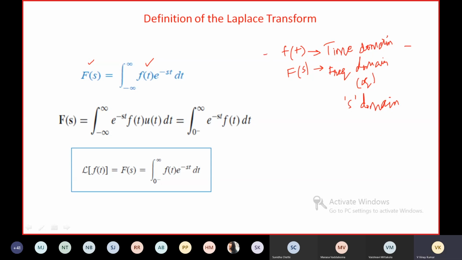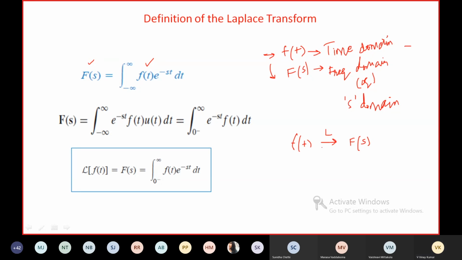In order to convert from time domain to frequency domain, we use Laplace. Laplace transform is a tool which is used to convert time domain into frequency domain, f of t into F of s.